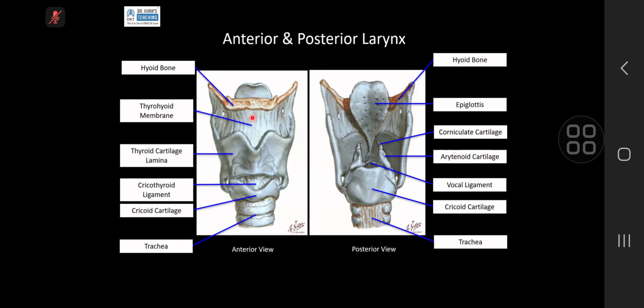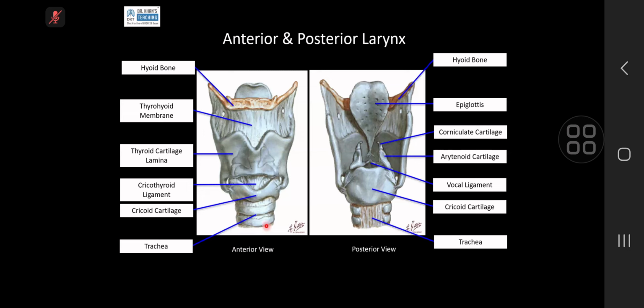And this is the membrane we were talking about, the thyrohyoid membrane, which is between the thyroid cartilage lamina and the hyoid bone. An external laryngocele actually goes beyond it. An internal one remains confined inside. Inferior to the thyroid cartilage is the cricoid cartilage, and then comes the trachea.